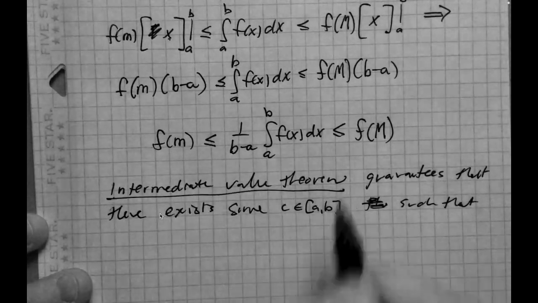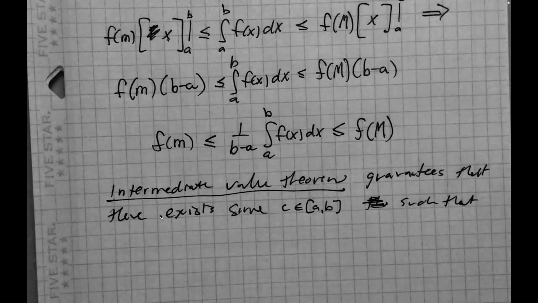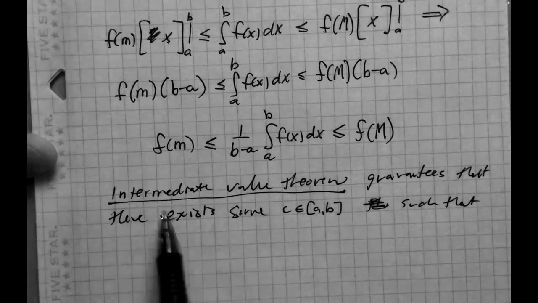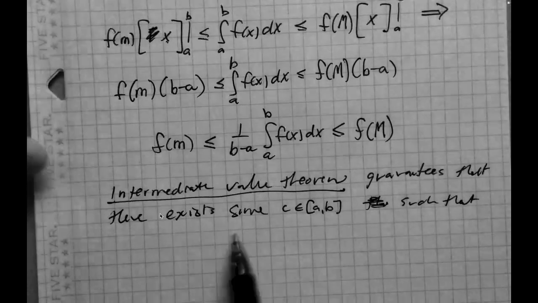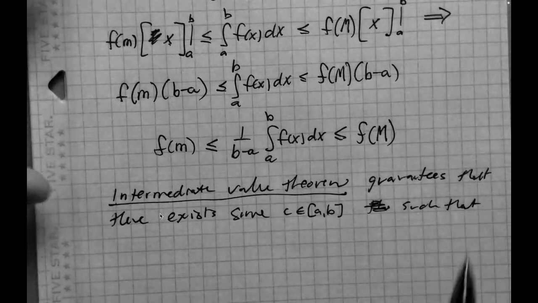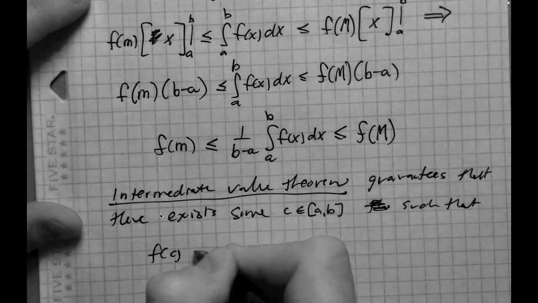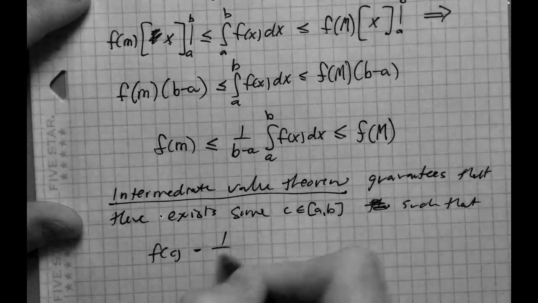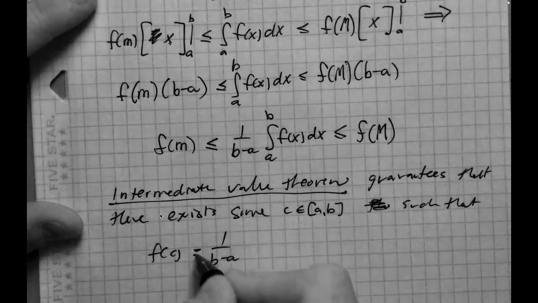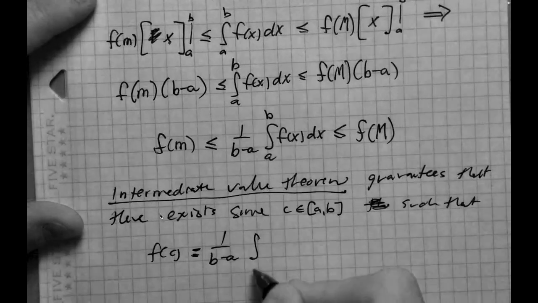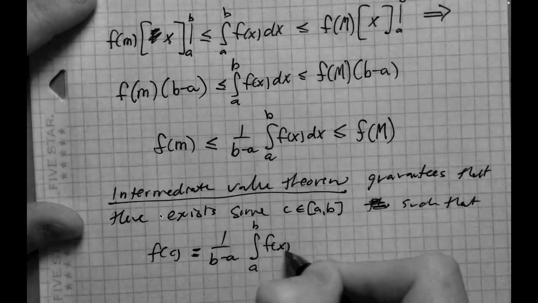So again, intermediate value theorem. Got to go back and check what that is. Intermediate value theorem says that there's going to be some c in [a, b] such that f of c is equal to 1 over b minus a times the integral from a to b of f of x dx.